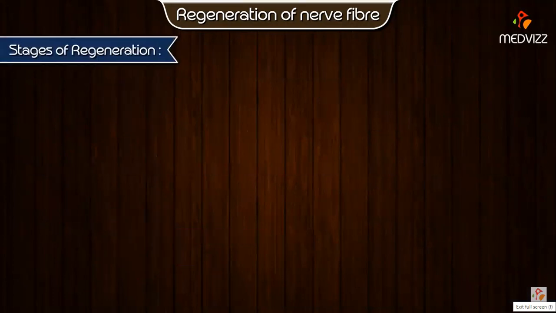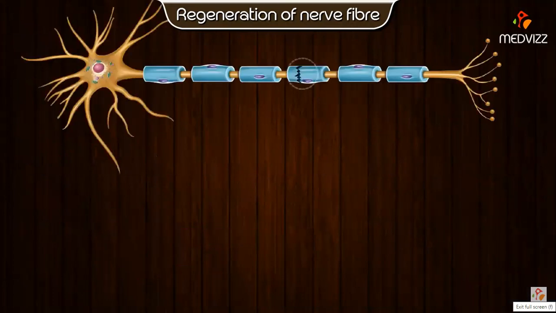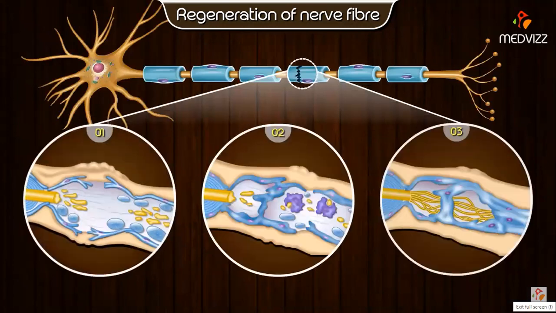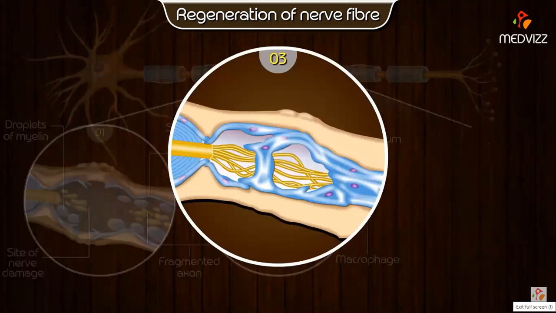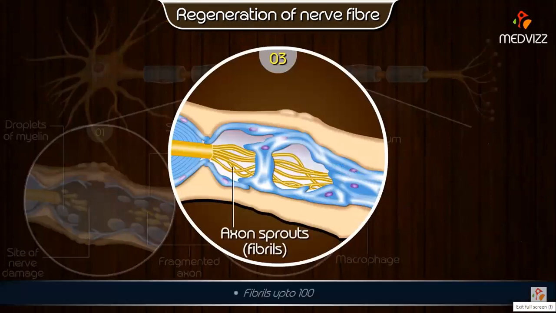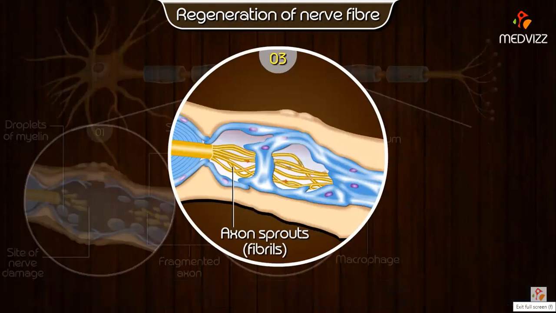Stages of regeneration. First, some pseudopodia-like extensions grow from the proximal cut end of the nerve. These extensions are called fibrils or regenerative sprouts. The number of fibrils is up to 100. Fibrils move towards the distal cut end of the nerve fiber.